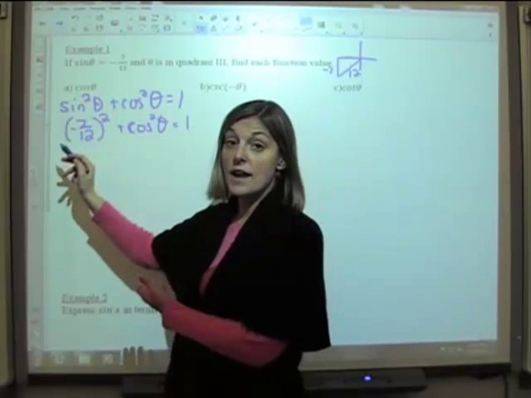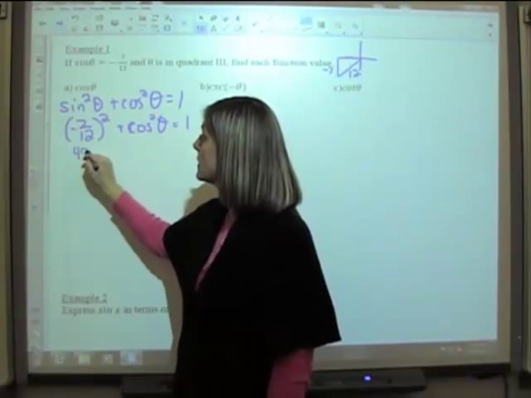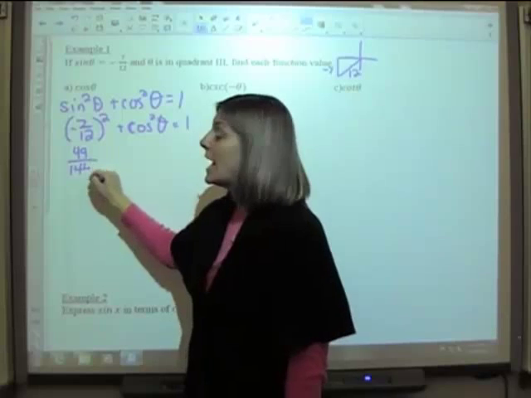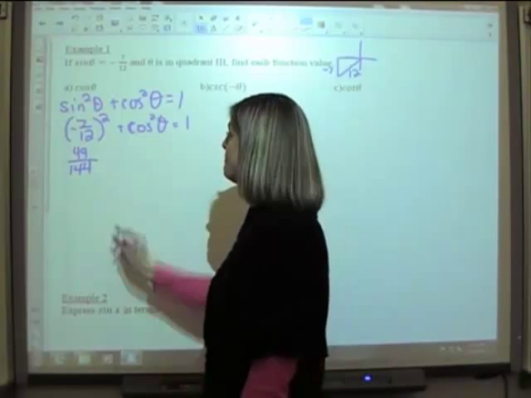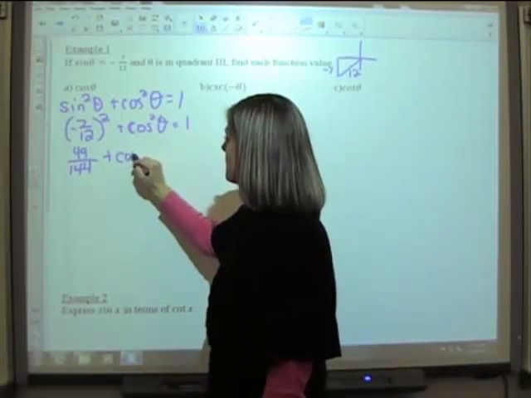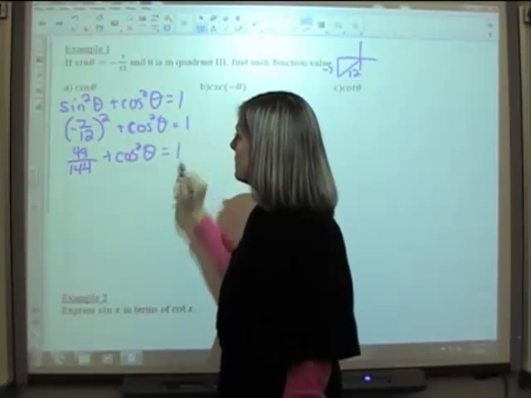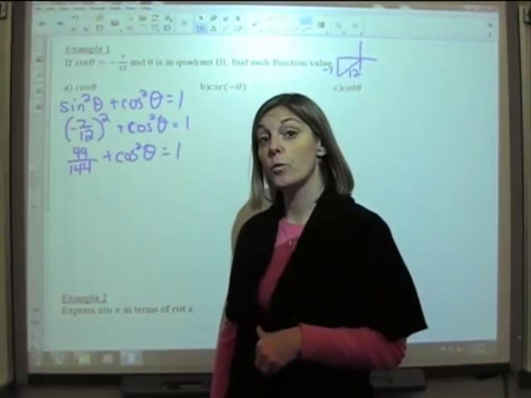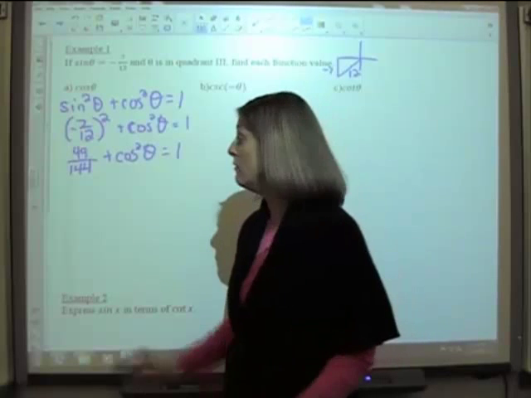So we can square our negative 7/12, and we get 49 over 144. Then we can subtract that from 1 to get the cosine squared by itself.